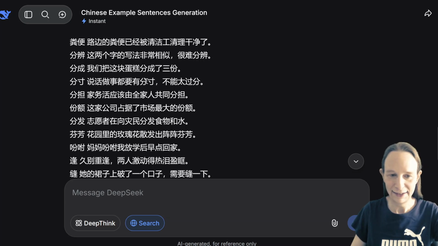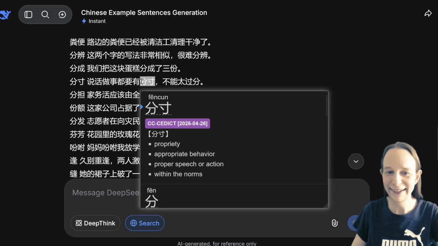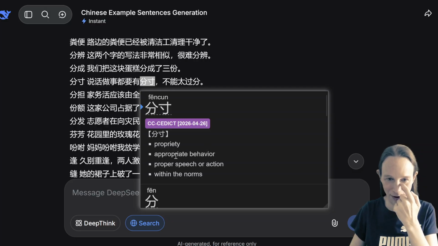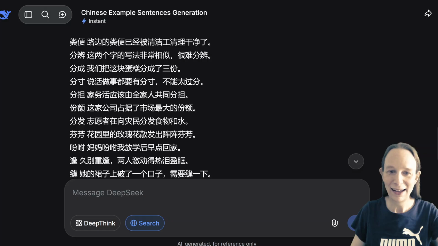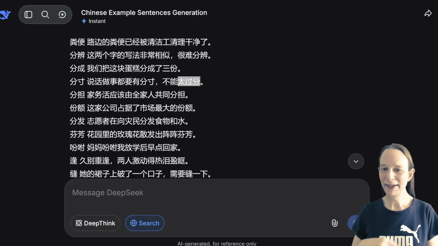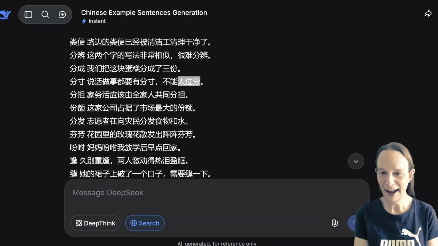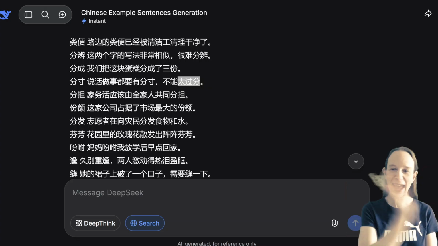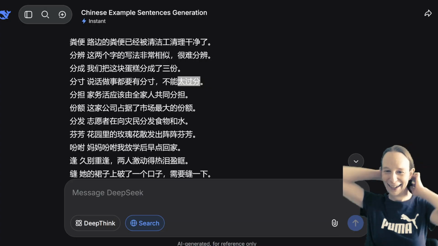So speaking or doing things, you need to have a sense of propriety, or appropriate behavior. 不能太过分. 过分 literally means excessive, but it's usually used when someone is behaving irrationally or inappropriately. You often see 过分 in soap operas and Chinese dramas. The guy will do something, and the woman will always go, 你太过分了, 你太过分了.